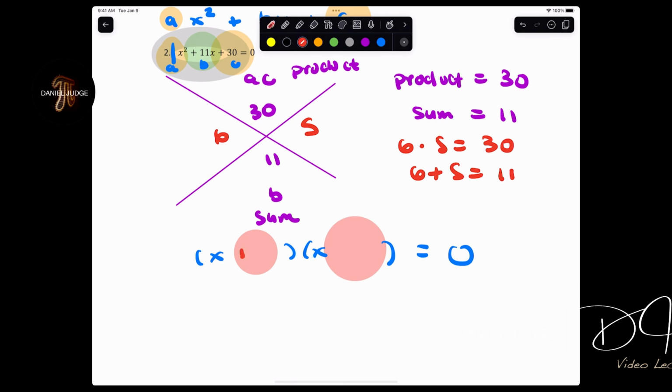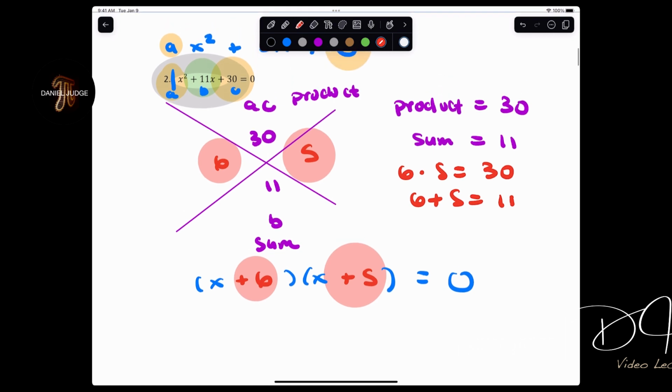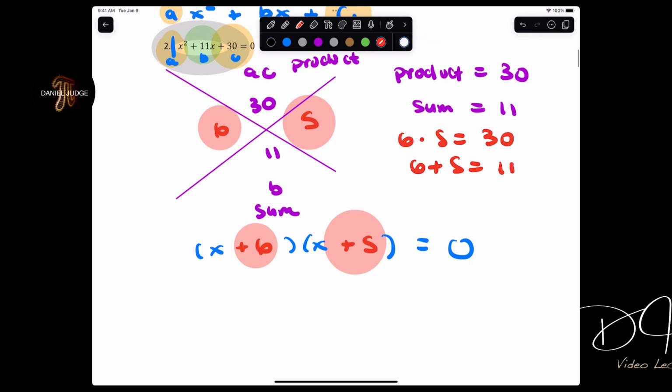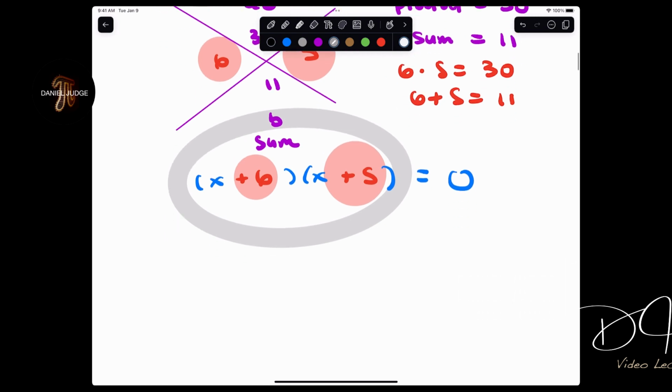So that 6 is positive, so we put plus 6. The 5 is positive, so we put plus 5. We're putting these two numbers that we found, 6 and 5, the crisscross method. Okay, so the left side of the equation right over here is now factored. Okay, that's the whole idea.